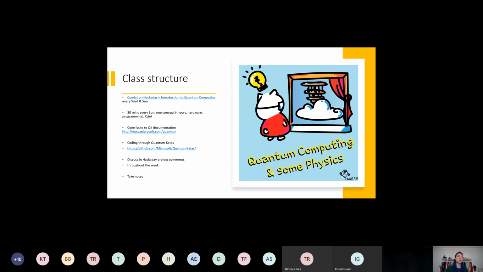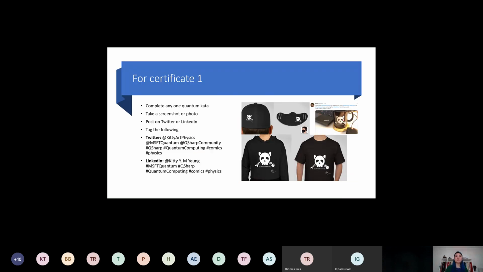Here are the links. Every Sunday, though today is a special case, we moved this time to align with the Maker Faire, but usually it's Sunday, and I have 30 minutes discussing one simple concept, and gradually people build up their skills. I'm very happy to see that people are already writing quantum programs.